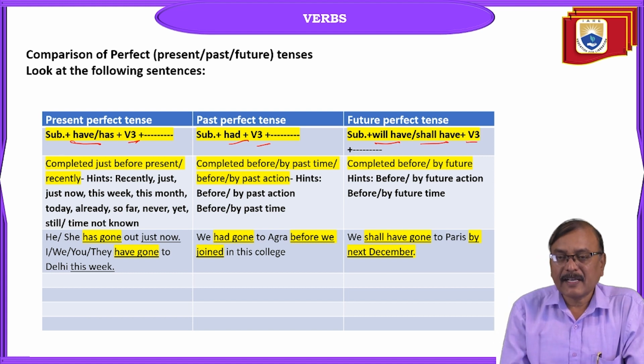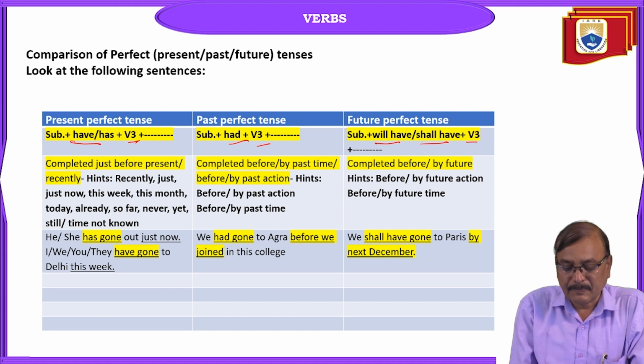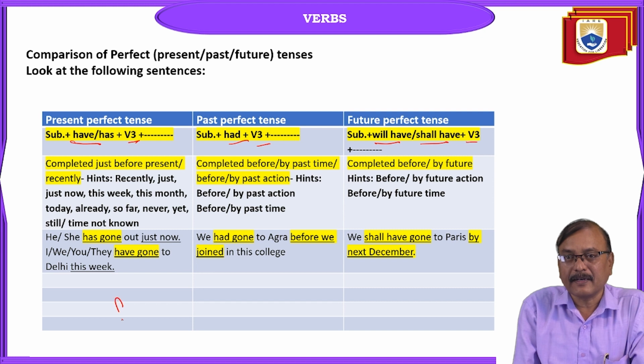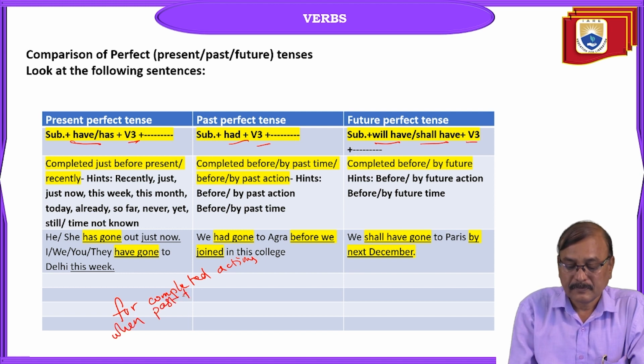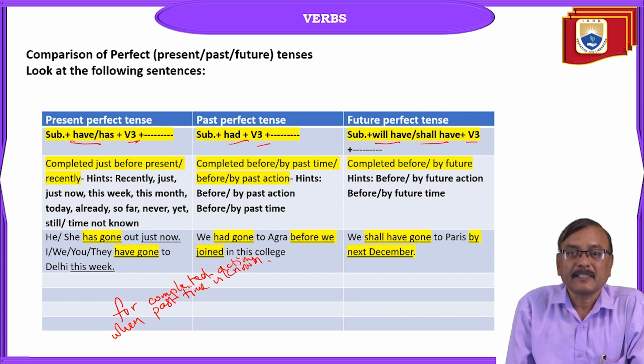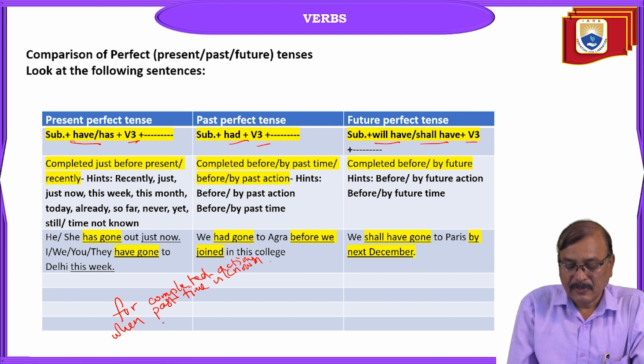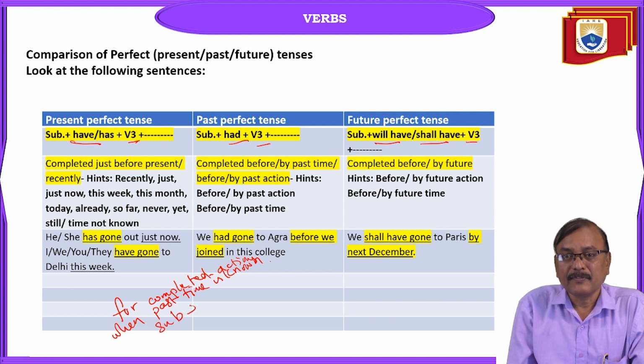So for completed actions, what do we use here? For completed actions, let me write here at the bottom. When past time is known, that is yesterday, last week, last month, okay, like that, we use the subject plus V2 form.